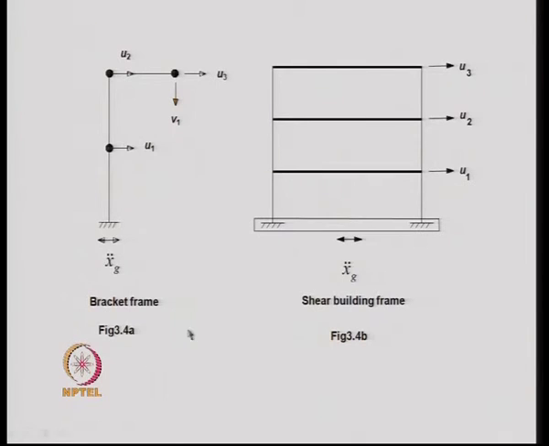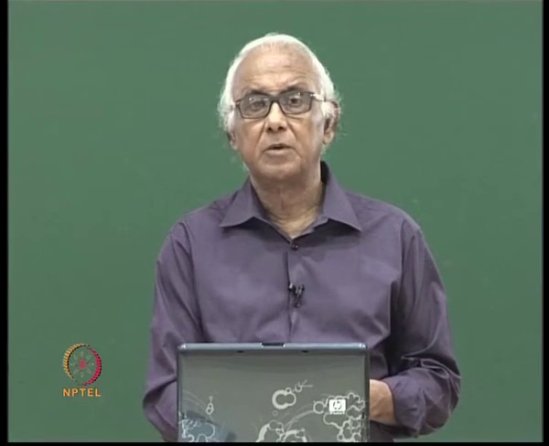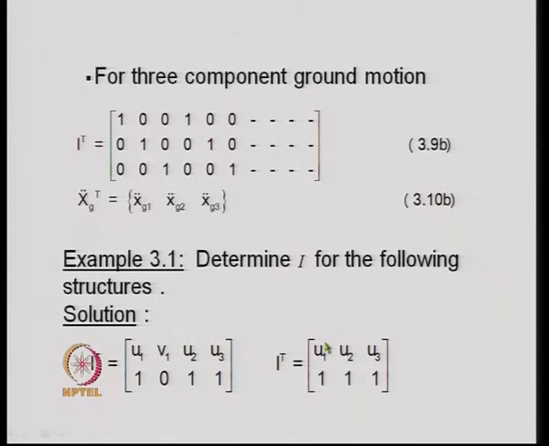Whereas, for this particular problem, the influence coefficient vector corresponding to these 3 degrees of freedom are all ones, because the entire base is moving by the same excitation, and therefore, all the degrees of freedom move by the same amount, and we have the influence coefficient vector as 1 1 1.